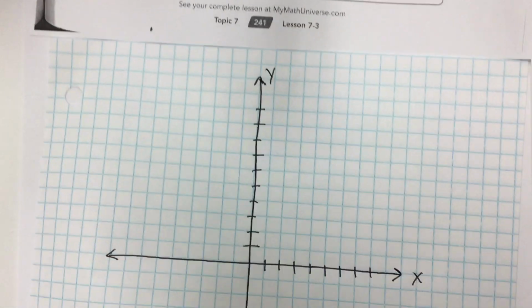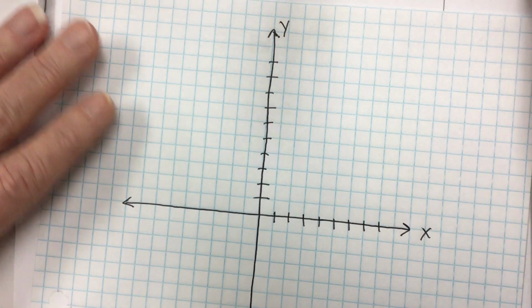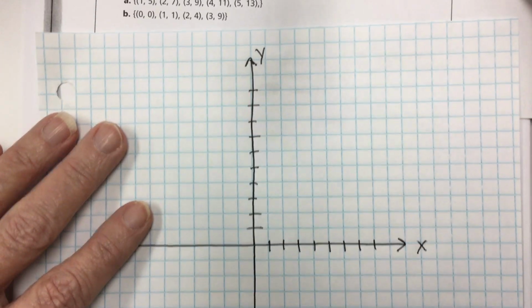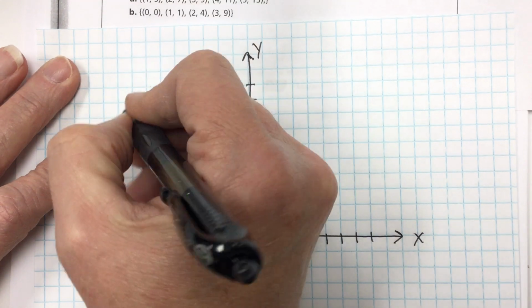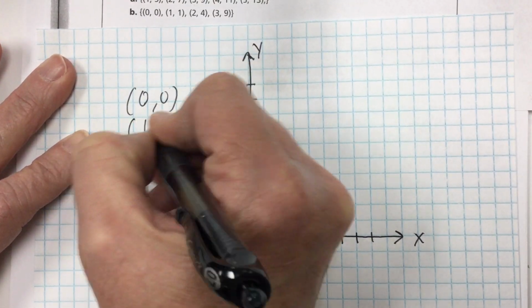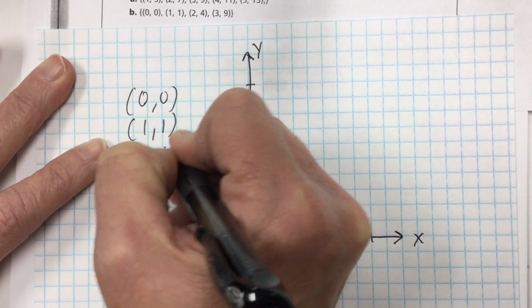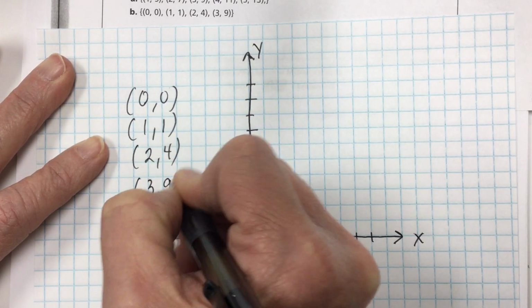Now let's go to B part. We're going to be graphing B. I'm graphing the points 0, 0, 1, 1, 2, 4, and 3, 9.